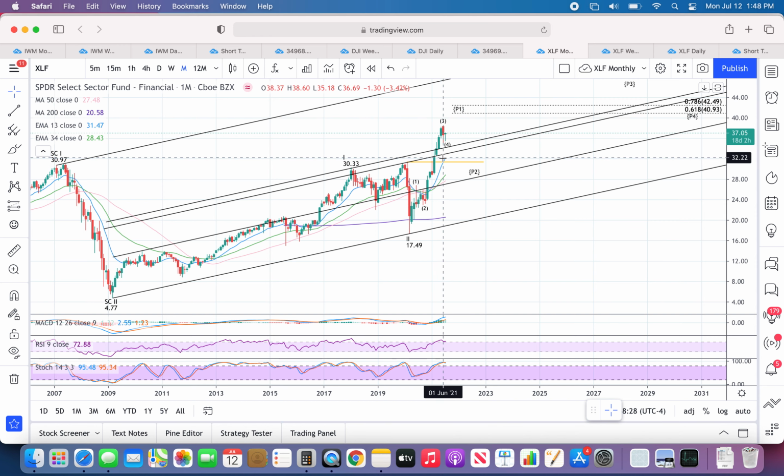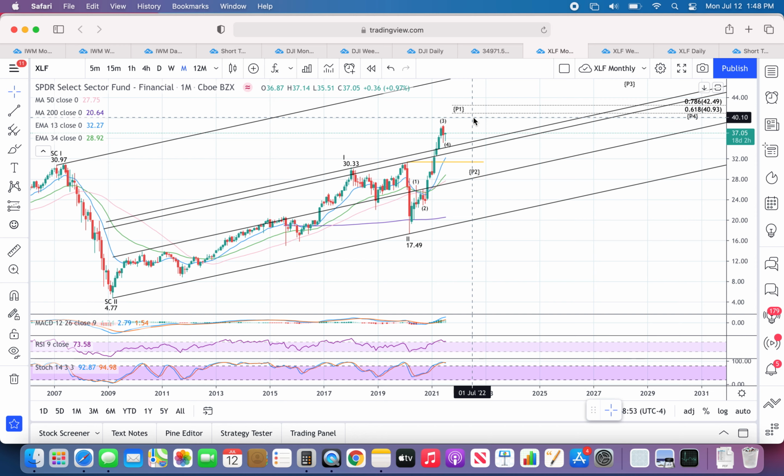So any price movement that goes above 38.60 would satisfy the completion of that wave. And then like IWM, I would be looking for the next selling leg to be a correction of everything that's happened since March 2020.